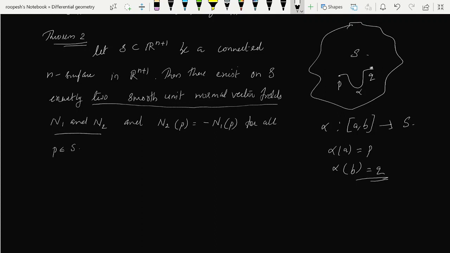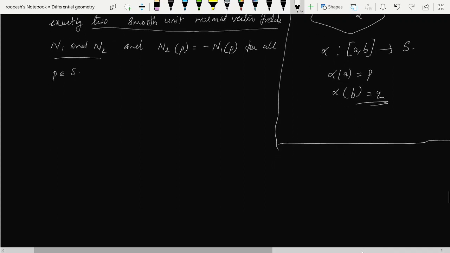So what this means is, suppose you have got a connected surface. Suppose you have got a sphere. Sphere is a connected one, right? So we have got a sphere here. Now in the sphere we can have two normals. One normal is like this. Now another normal can be given in the opposite direction, that means in this direction.